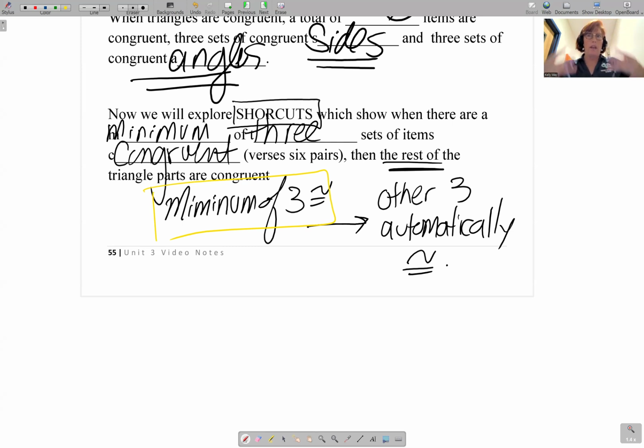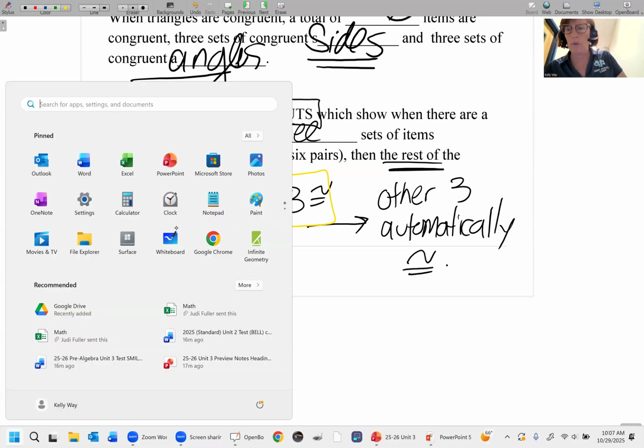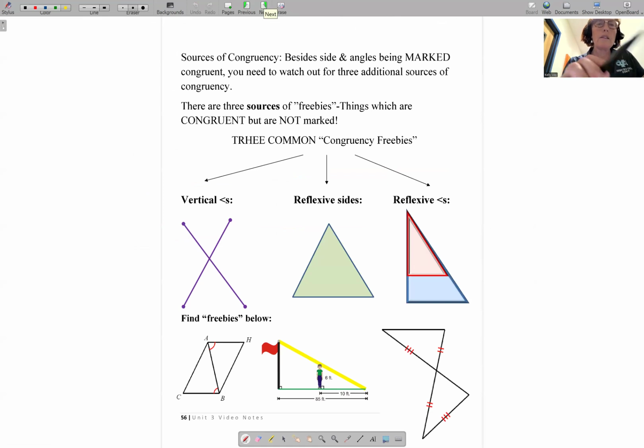So instead of showing a total of 6 pairs of things congruent, you only have to show 3 in a certain order, and it forces the other 3 to also be congruent. And these 3 combos are called side, side, side; side, angle, side; and angle, angle, side.